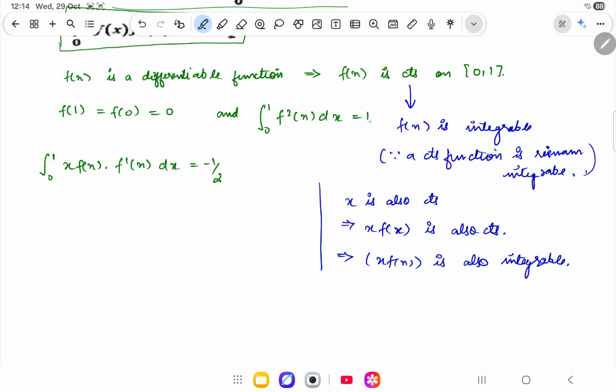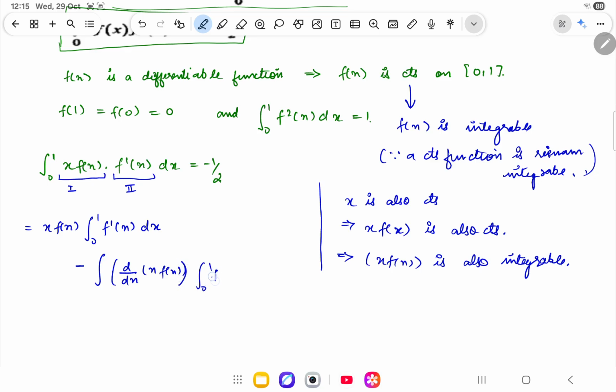So now let's use this information to integrate it by parts. Let's name this the first part and this the second part. While we do integration by parts, we keep the first function the same and we integrate the second function, so that will be equal to x f(x) integrated from 0 to 1 of f'(x) dx, minus the differentiation of the first function and the integration of the second function, and then the whole integration of this thing.